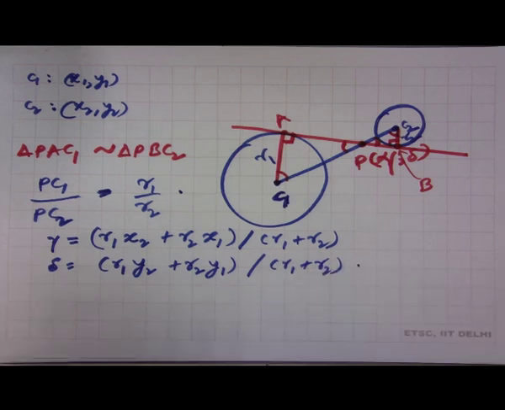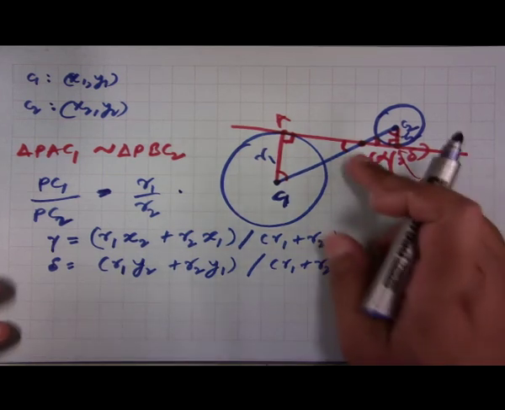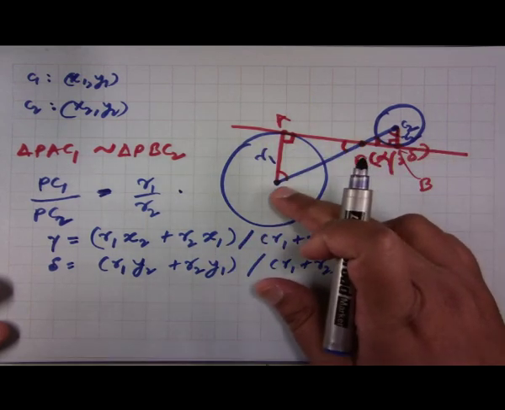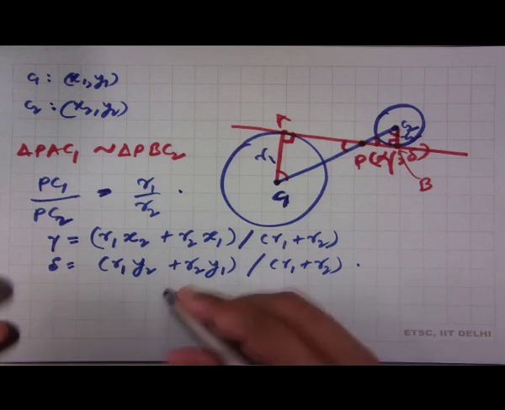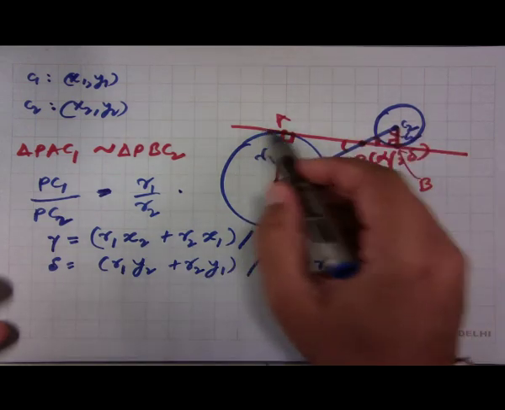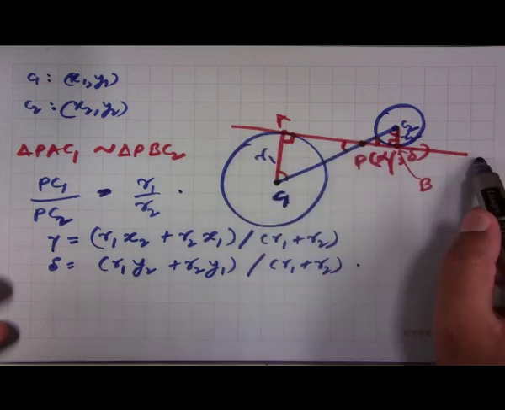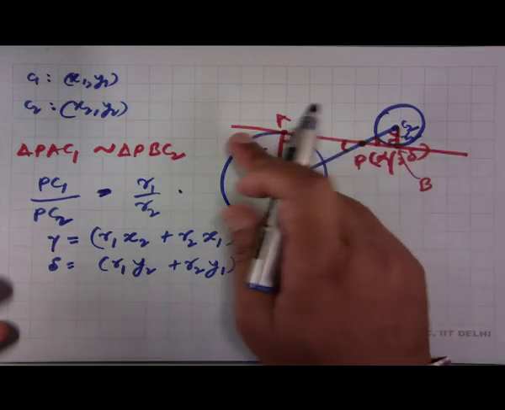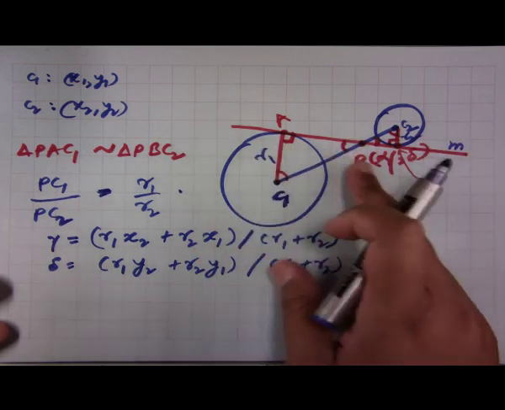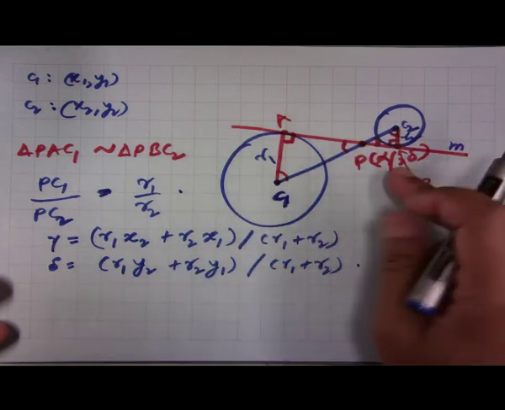Now, given this value of the coordinates of the point of intersection of the transverse common tangent with the line joining the centers of the two circles, we can write the equation of the transverse common tangent. Let us say that the slope of this transverse common tangent is m, and we know that it passes through this point P with coordinates gamma and delta.